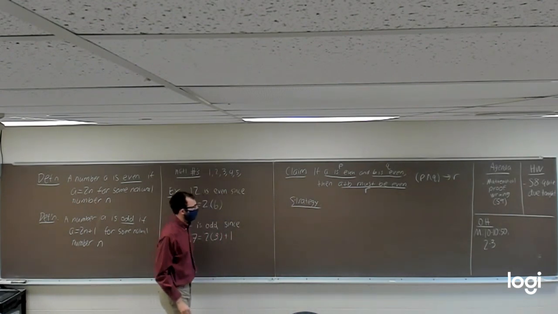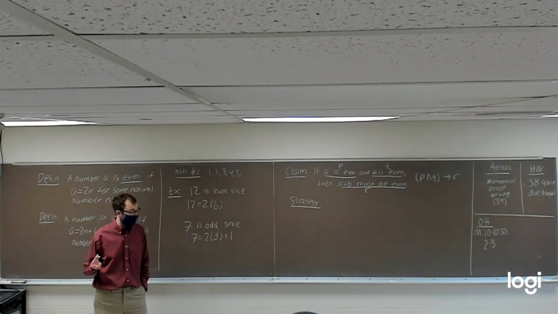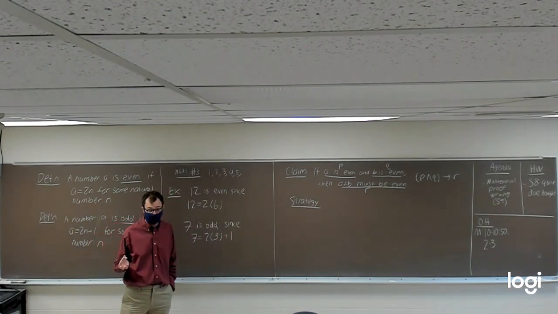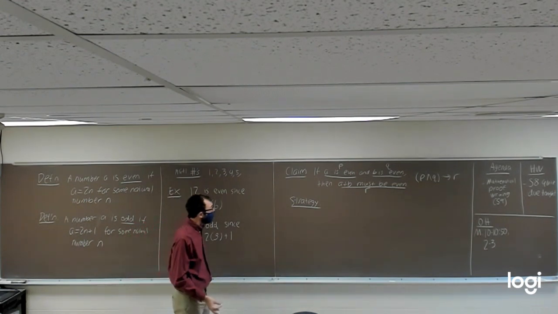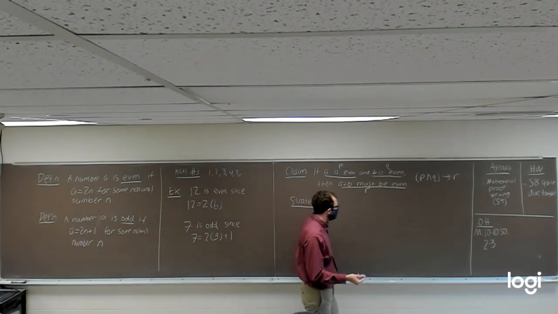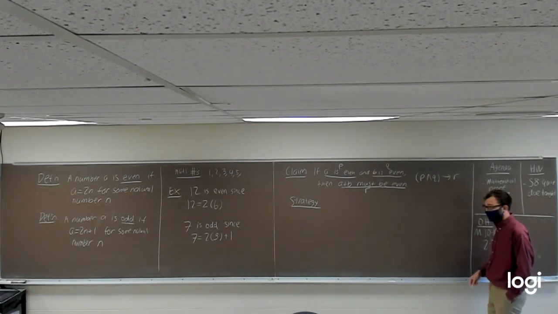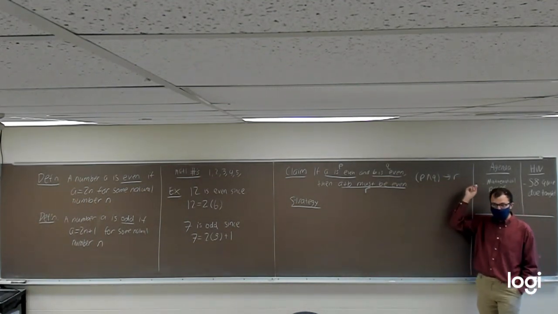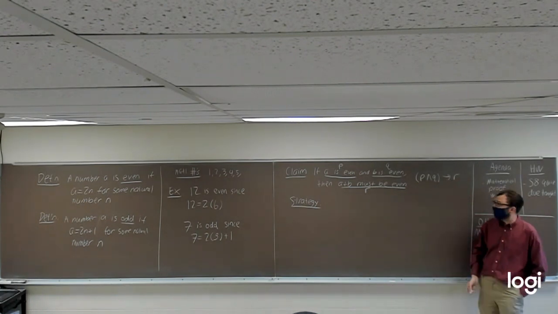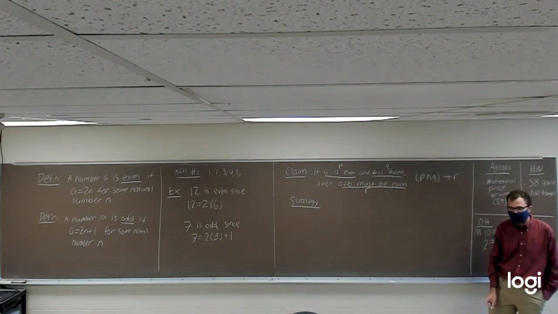So what would be our strategy that we could use for how we could actually show that this claim has to hold true? Well, if we look at the statement P and Q implies R, there's only one situation in which this statement can be false.